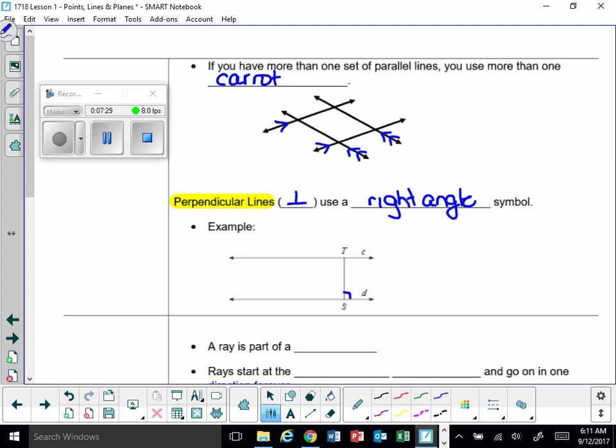It's a little baby square. Stop and think about that. Perpendicular lines meet at 90-degree angles, and squares have 90-degree angles, so we put a little baby square in there. I could say segment TS is perpendicular to line D.